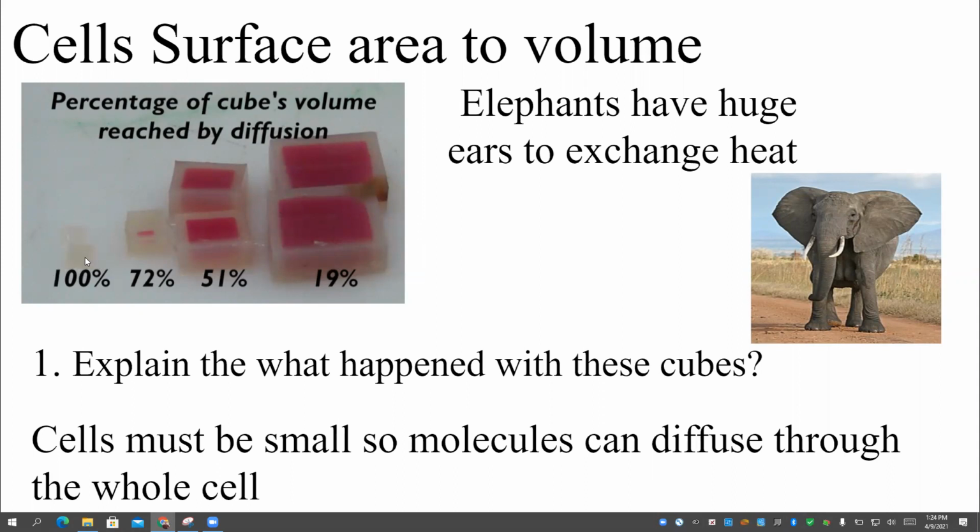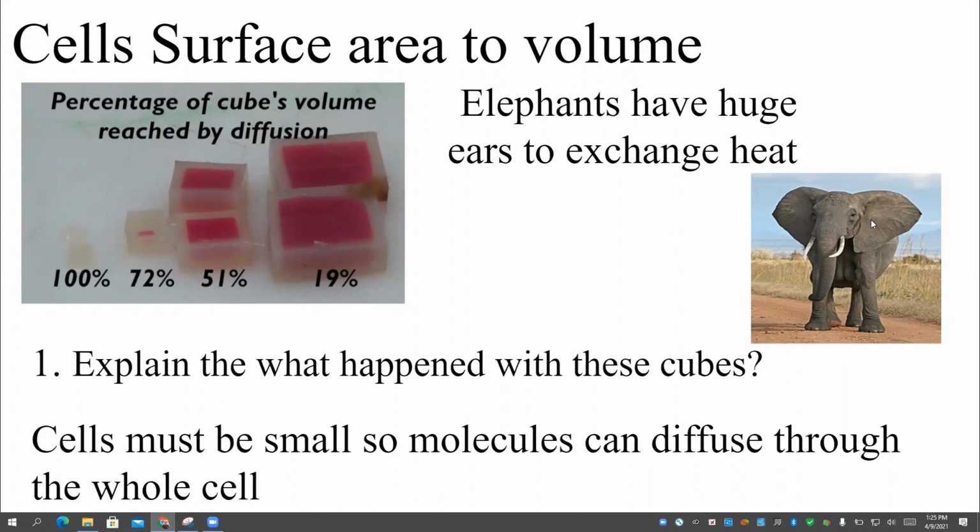So there's a lot of space that can be accessed in a small thing relative to this, where the stuff on the very inside doesn't have access to this here. It's kind of like a city that if you have a really big city and you live in the middle of the city, it's going to be harder for you to get outside of the city, get things from outside of the city or to get things out of the city. Whereas if you live in a real small city, it's real easy to get into and out of. And that's kind of how cells work. But again, it's relating the surface area around it relative to the space inside of it.